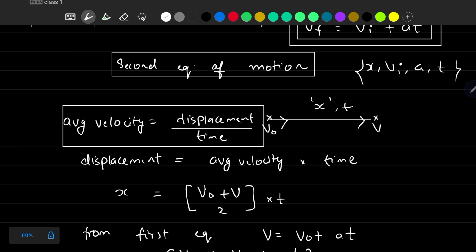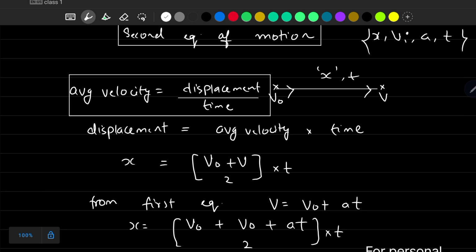So what is average velocity? We know that it's displacement upon time. If you cross multiply, you will get displacement is equal to average velocity into time.